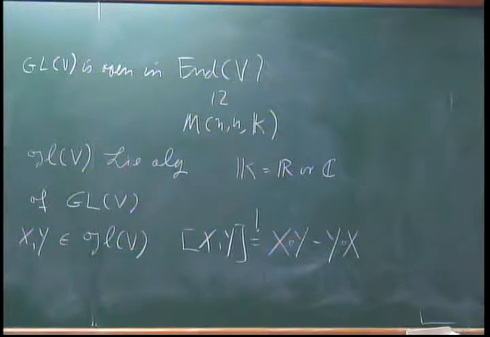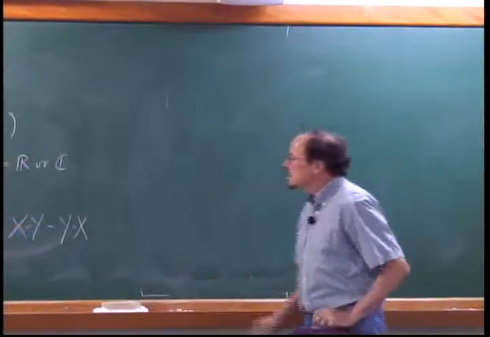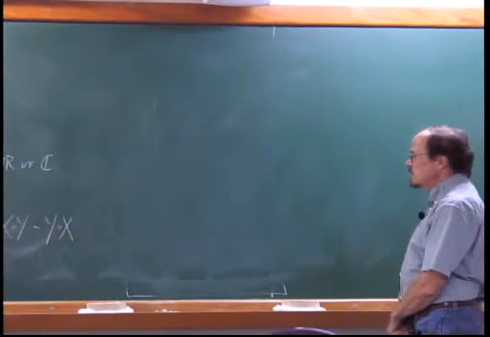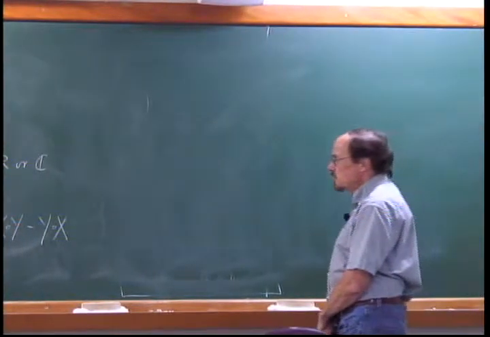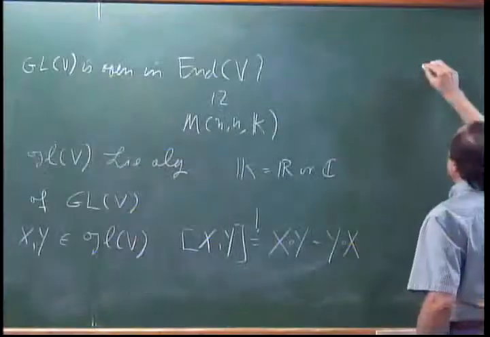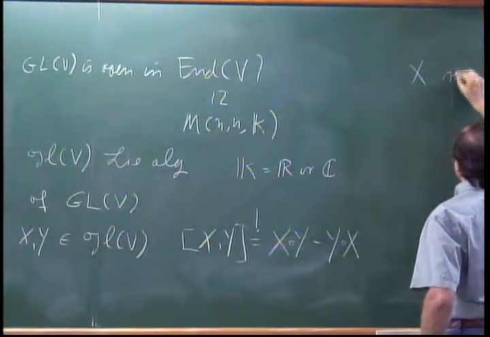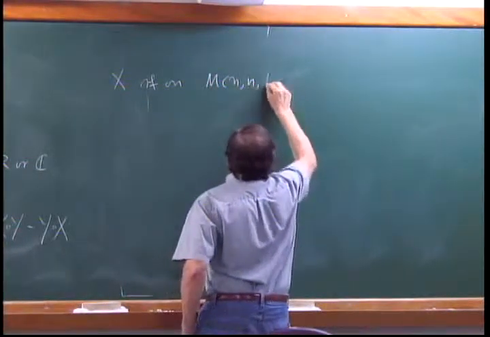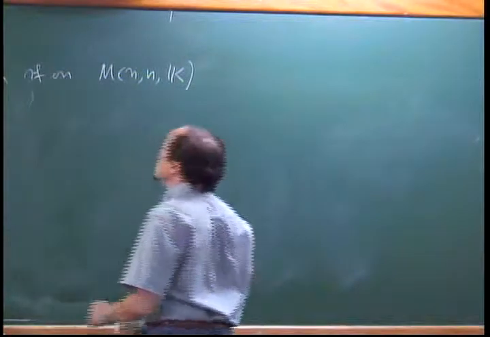Lots of books make this into a complicated proof, but it's actually quite easy because of linearity. There's lots of linearity going on. So let's view X as a vector field on the n by n matrices after choosing a basis.